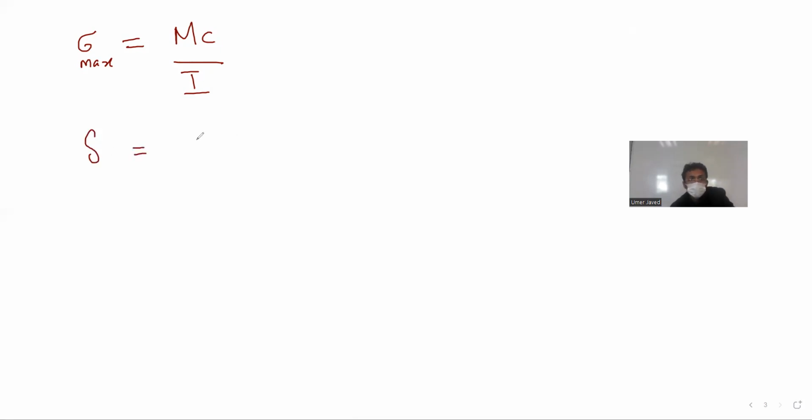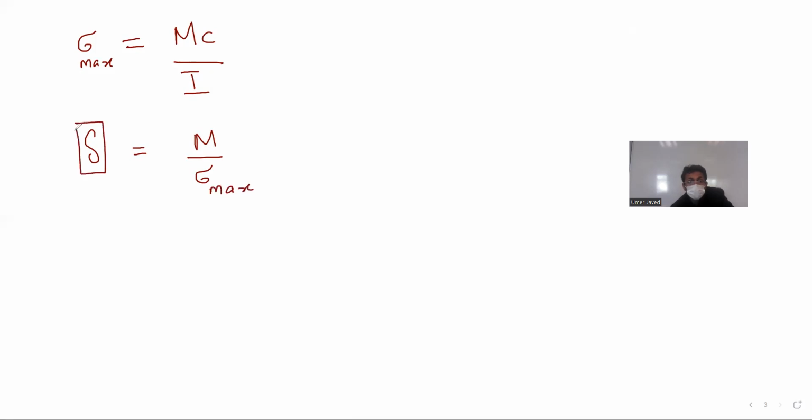It is equal to M over stress, I suppose. If I can find it somewhere in the notes or book, I can answer your question. Section modulus equal to M over sigma max.